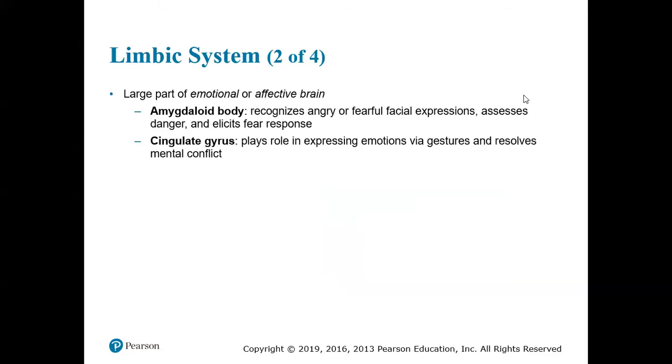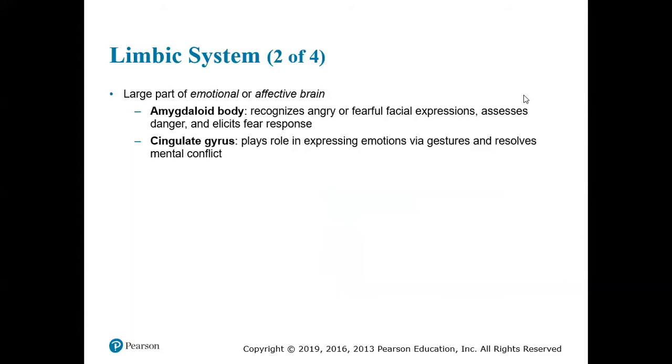So now let's start thinking of what this limbic system is doing. The limbic system is largely responsible for emotions, or the affective brain, like the amygdaloid body. The amygdaloid body recognizes angry or fearful facial expressions.